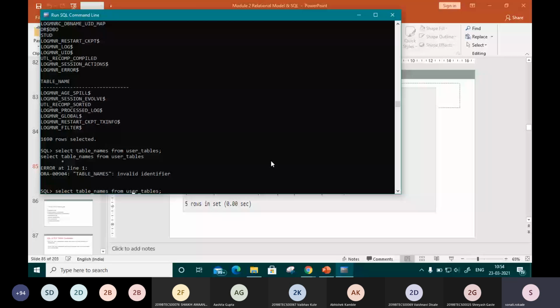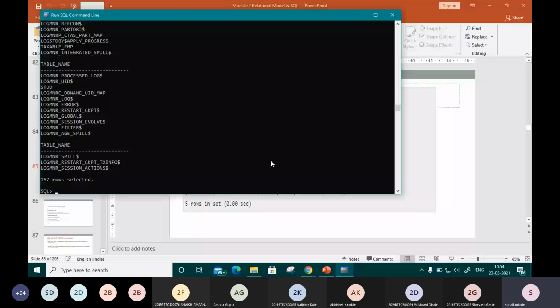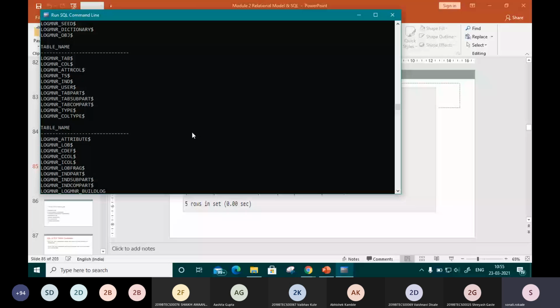So 157 tables are there, created by an authorized user, or a user who has been granted permission to fetch all the records of tables. Okay, so these are the table names which are created by the user.